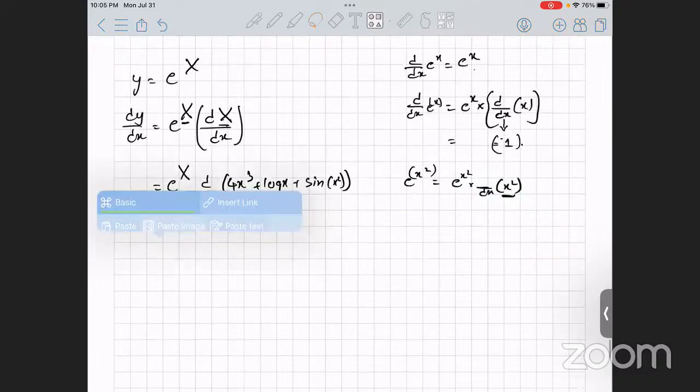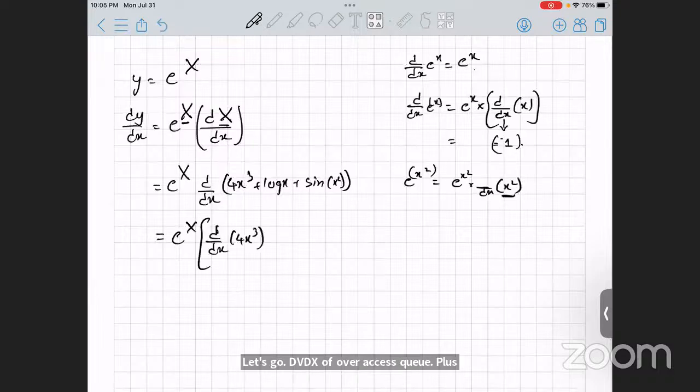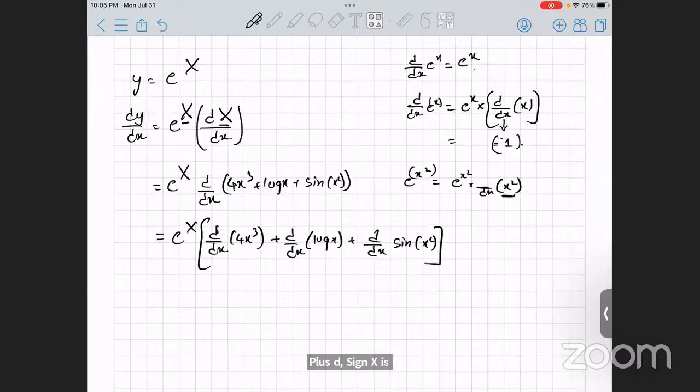Now e power capital X times d by dx of 4x cube plus d by dx of log x plus d by dx of sin x square. Agree? Yes, sir.